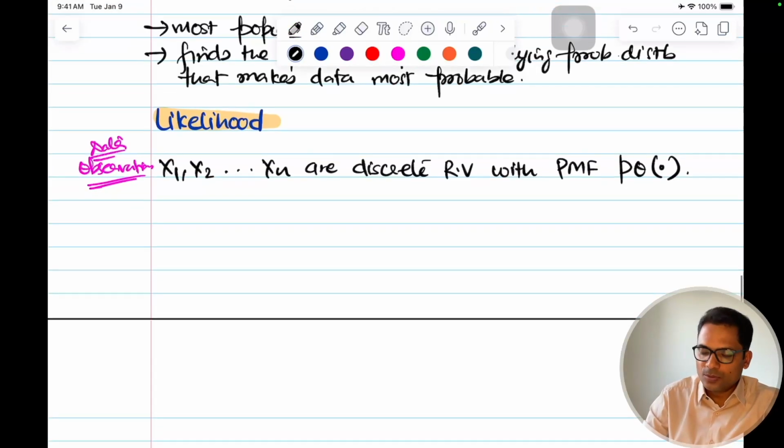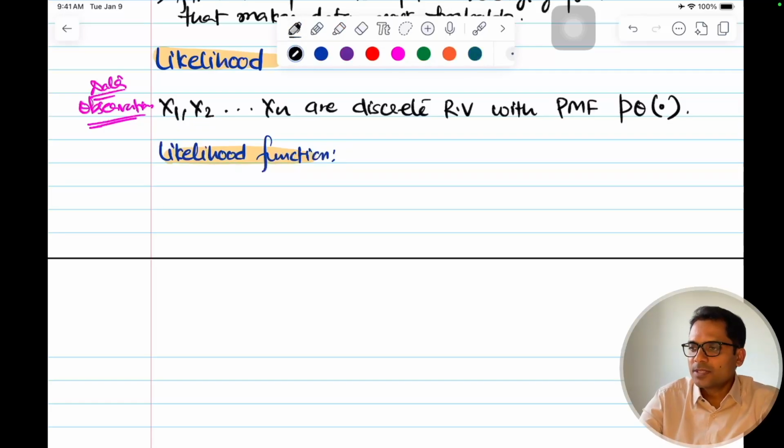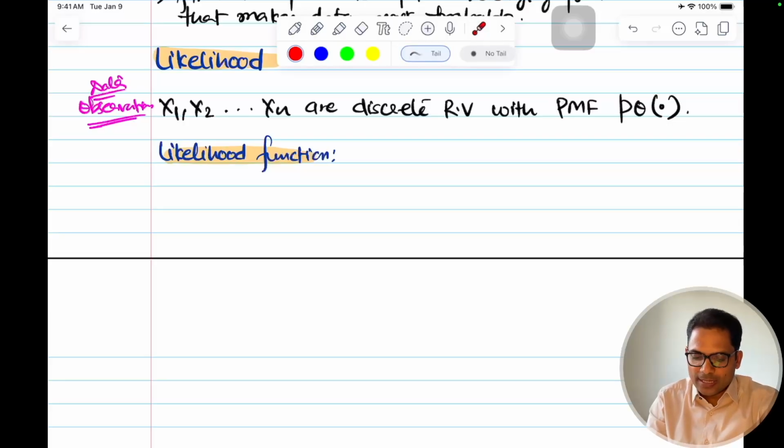Okay, so what is my likelihood function? The likelihood function is the probability of observing x1, x2, till xn, or this random variable, given the parameter theta, whatever I have told, P of x given theta.